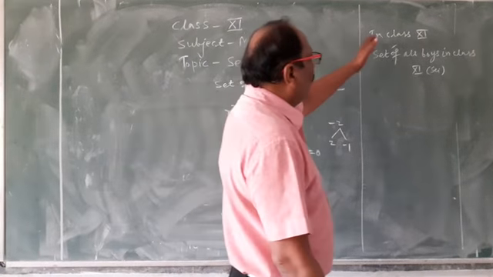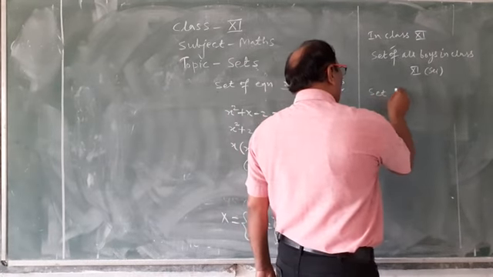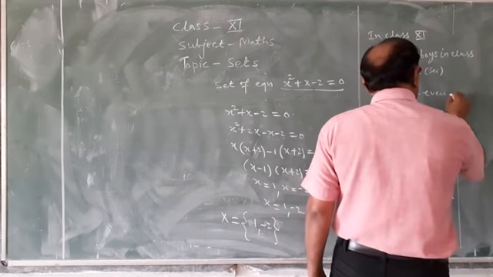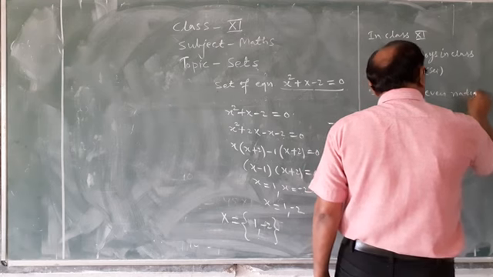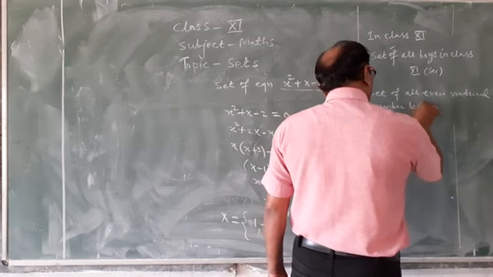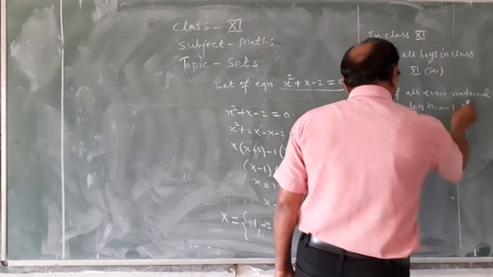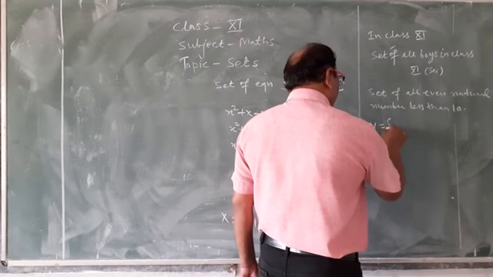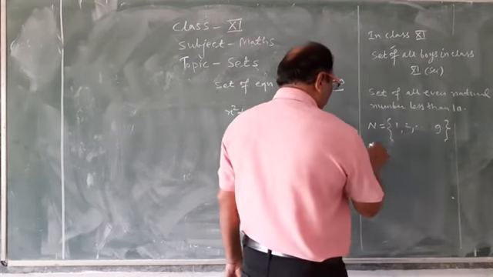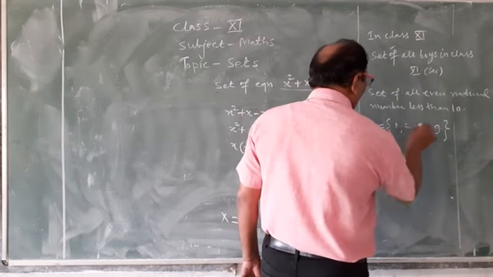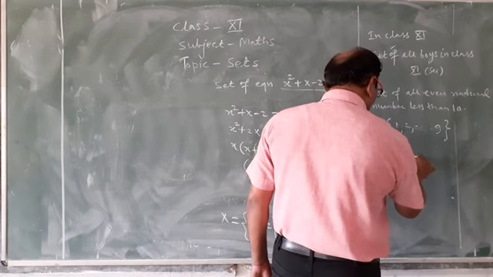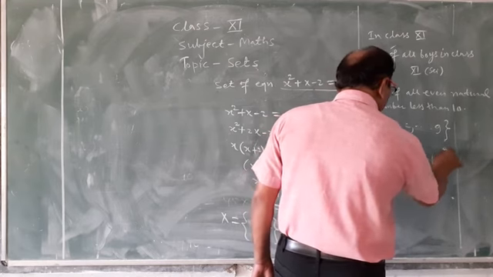Otherwise we take set of all even natural numbers less than 10, means this set will be 2, 4, up to 8, or we write this as set of natural numbers less than 10, means 1 is less than or equal to x less than 10.